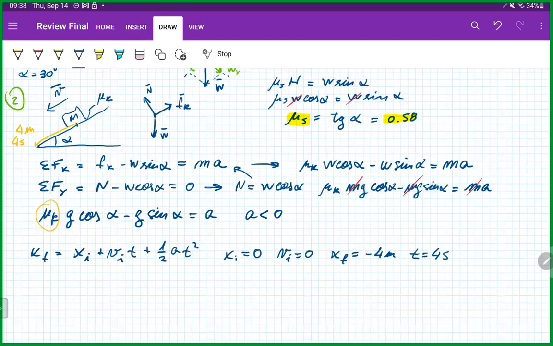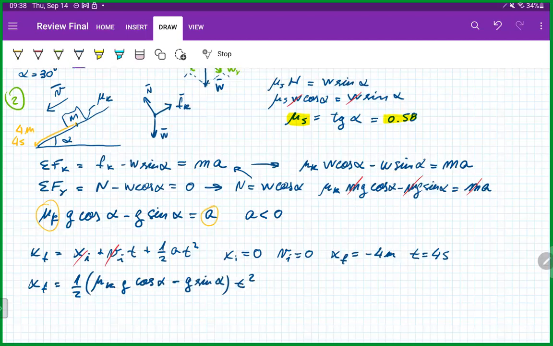All right, so these terms are going away, and then we get x final equal 1/2 of the acceleration, which is mu k g cosine of alpha minus g sine of alpha, right? That's the acceleration of our motion, right here. And this is going to be times t squared.